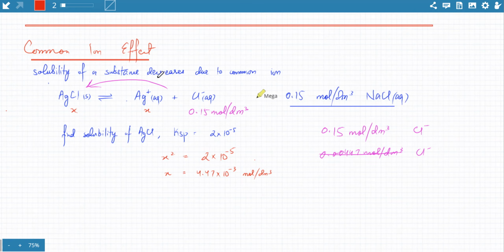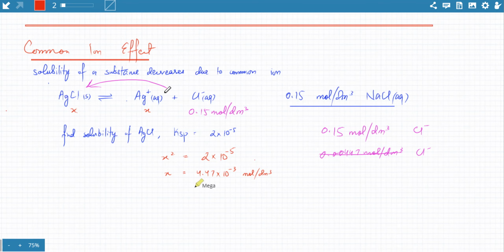So in this equilibrium, most of the Cl ions in the solution are not coming from the dissolving of AgCl. The amount of Cl ions that were coming from dissolving AgCl were already less. But since your solution already has 0.15 mole per dm cube NaCl, most of the Cl ions are already present in the solution and their concentration is 0.15 mole per dm cube. So is this point clear? Yes.